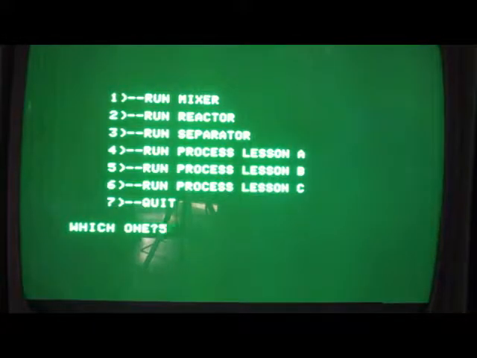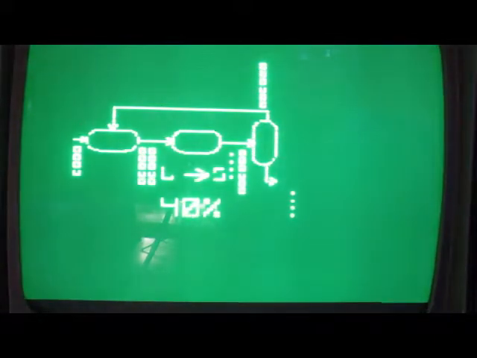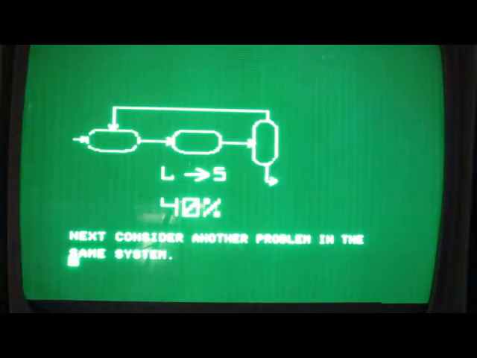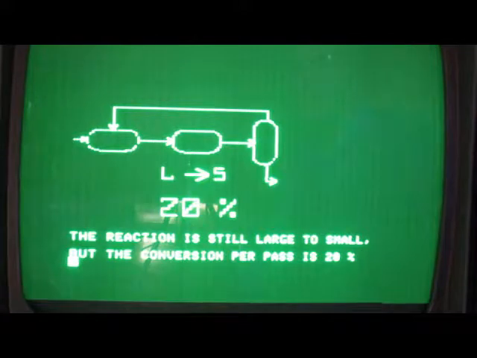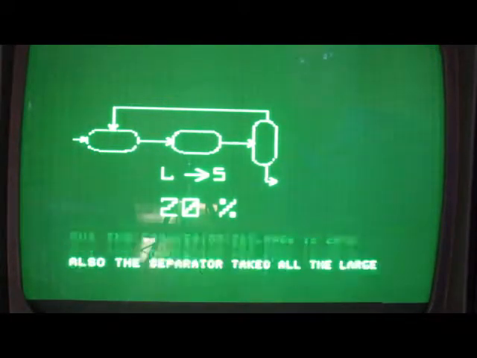Next do process B. The reaction is still large to small, but the conversion per pass is 20%.